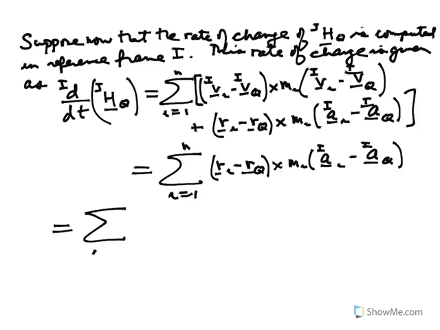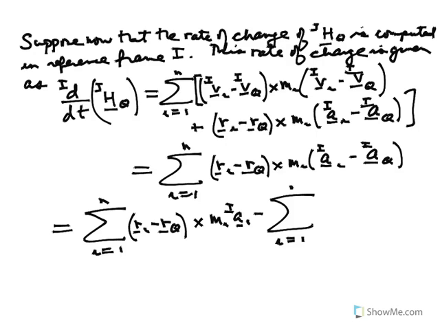The sum from i equals 1 to n of Ri minus RQ crossed with Mi Ai in I, minus the sum from i equals 1 to n of Ri minus RQ crossed with Mi times AQ in I.